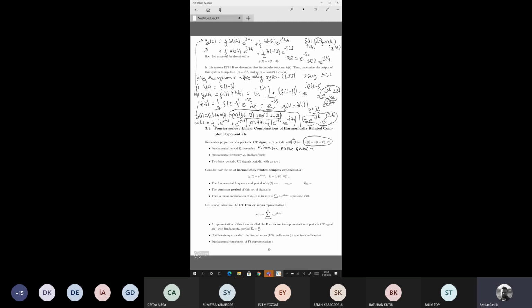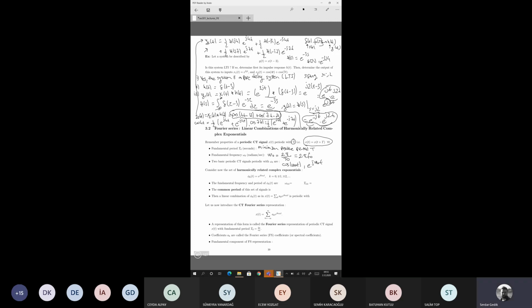Then the fundamental frequency omega 0 is defined as 2 pi over T0, and it is equal to 2 pi f0. Two basic periodic continuous time signals, cosine omega 0 t and e^(j omega 0 t), are both periodic with T0, and omega 0 is their fundamental frequency.